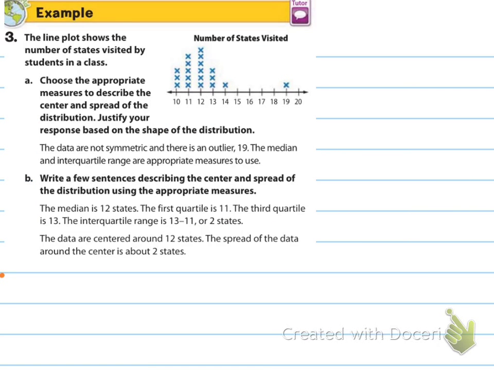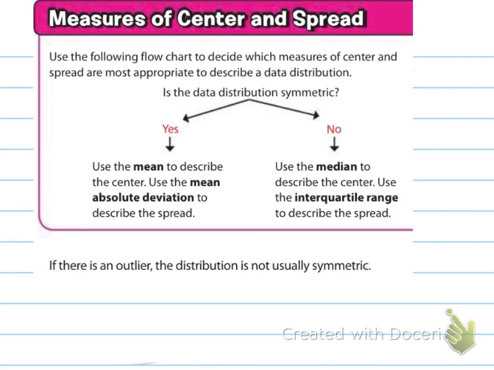So for example number 3, it says a line plot shows the number of states visited by students in a class. Choose the appropriate measure to describe the center and spread of your distribution, and then justify your response based on the shape of the distribution. So going back to our flowchart, is it symmetric or not?